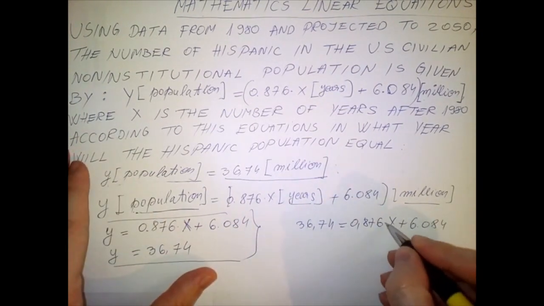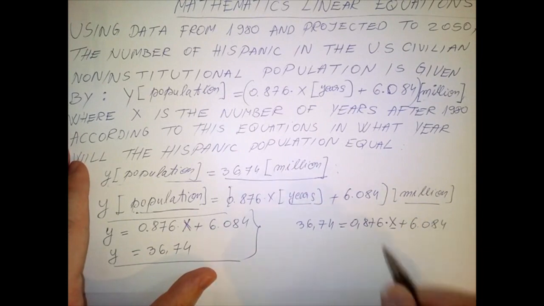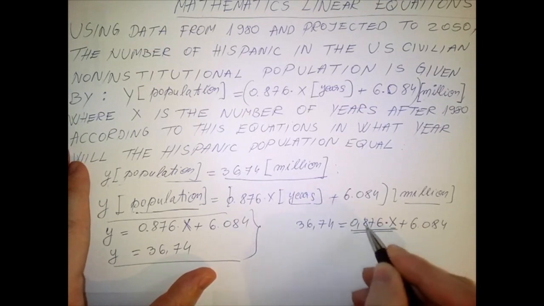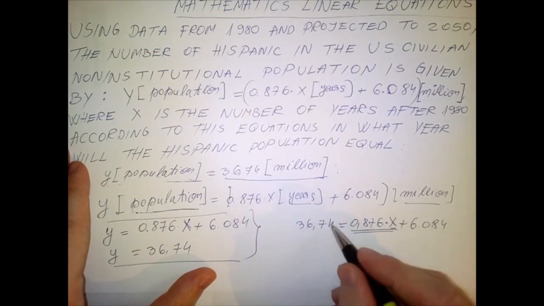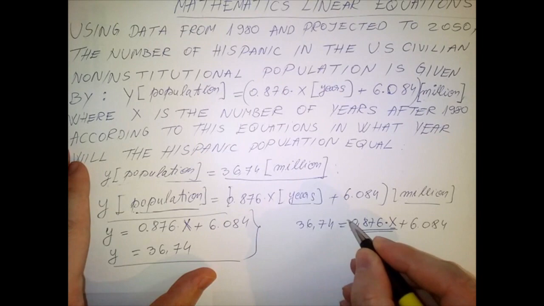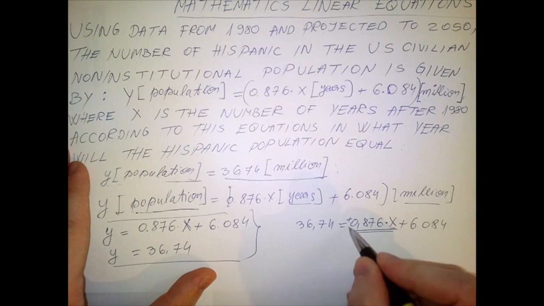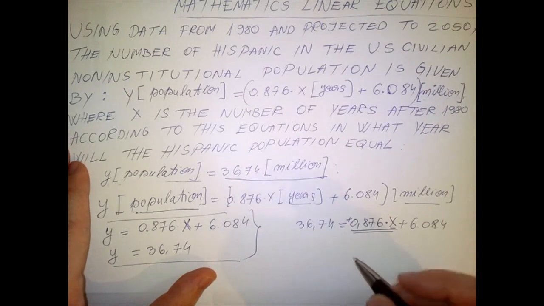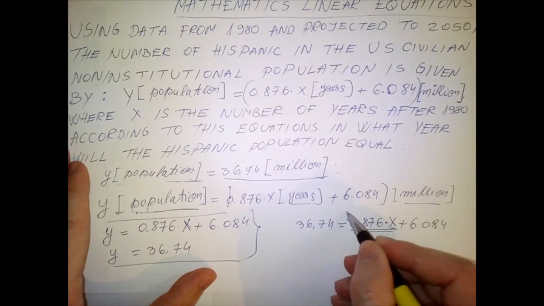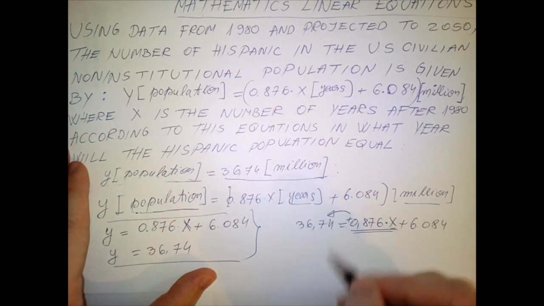To find the value of X, we must first move this variable to the left side. Here it's plus; when the sign is positive, we don't write plus. It is understood in mathematics. When a plus value goes to the left side, it changes its sign.